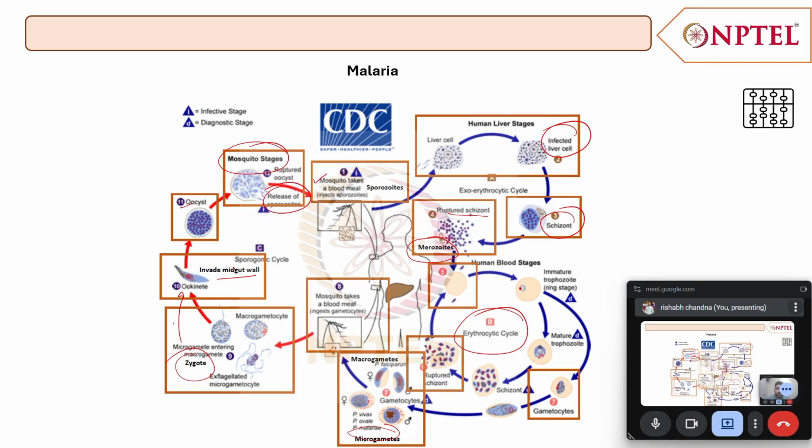This is called the sporogonic cycle, which takes place in the mosquito. So this is how the Plasmodium species infect humans, and it replicates in humans followed by the mosquito.